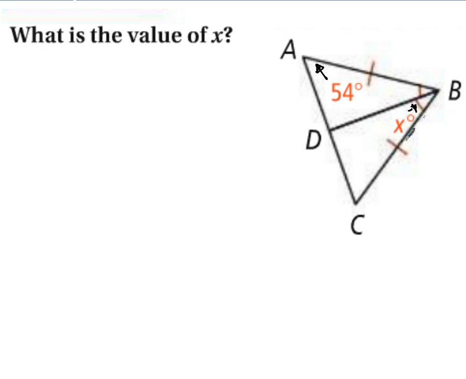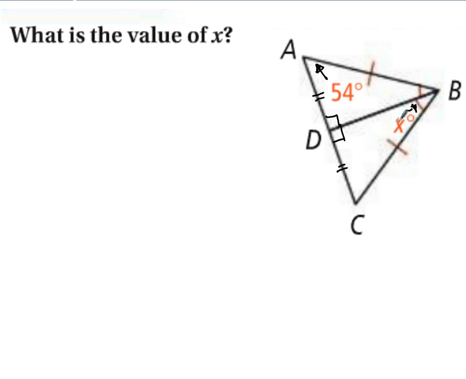I also notice that BD is a bisector, so that means that these two angles right here are congruent. And by that theorem 20, because these two angles are congruent, that means AD and DC are congruent, and the angle ADB and angle CDB are right angles.